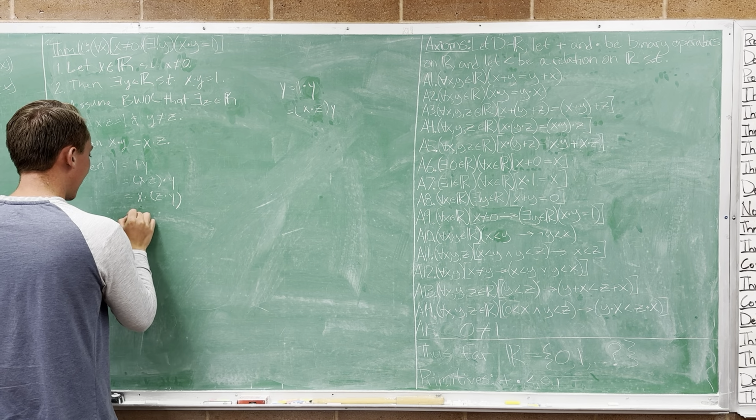Equals x times y times z. Good. Equals 1 times z. Wonderful. Equals z. Ta-da! Contradiction. We got that y is equal to z when y is not equal to z.